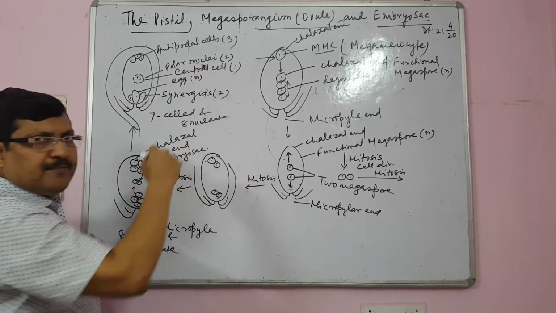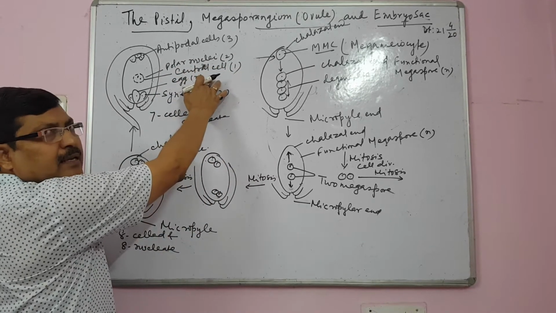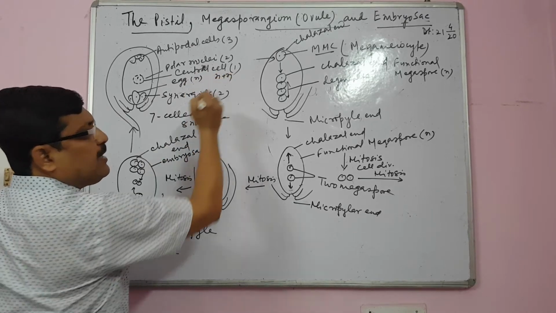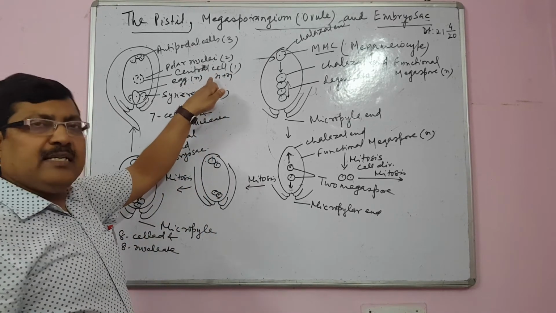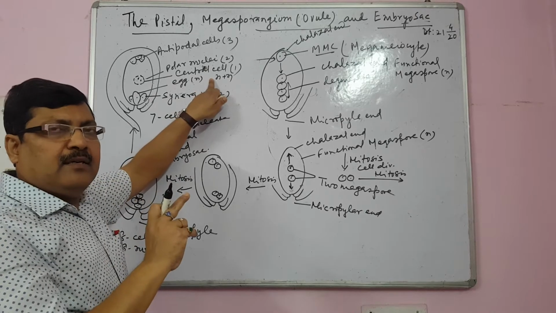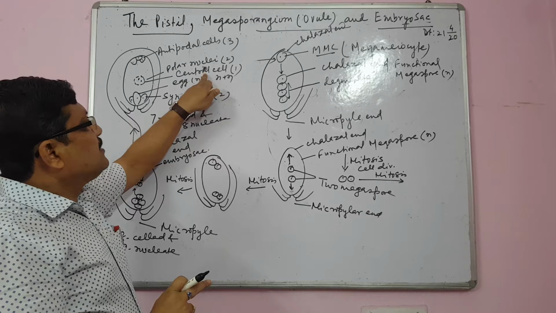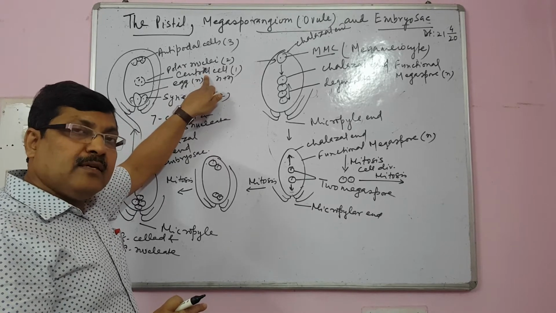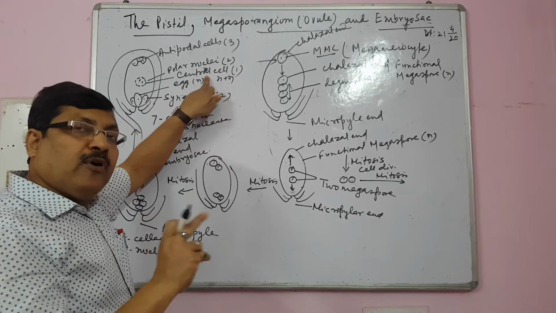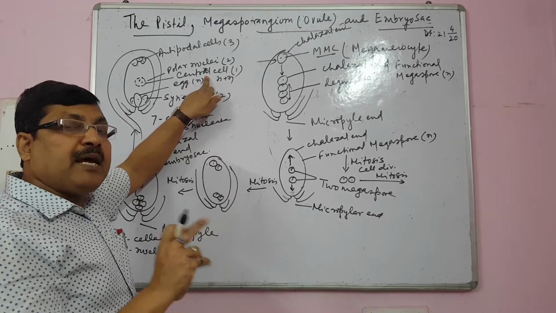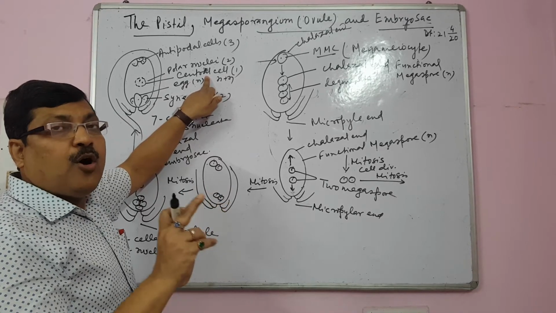Its number is 1, and this central cell has n plus n condition and will exist till double fertilization. The central cell is the mother cell for the development of the primary endosperm nucleus, or endosperm.